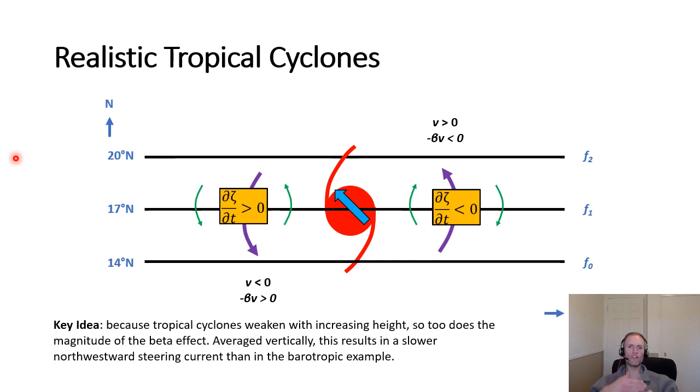So there is a vertical variation in the magnitude of this beta effect that would lead to some tilting of the vortex over time, but if you average that beta effect out in the vertical, you end up with something a little bit weaker than what you saw in the numerical model results in the previous slide, something closer to 1 to 2 meters per second rather than the 3 to 4 meters per second or so that the previous model results might have implied.